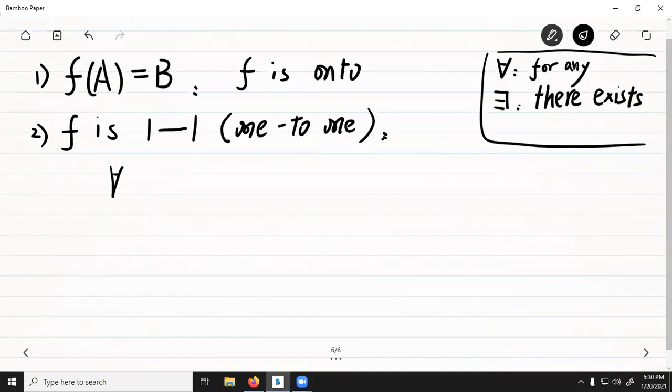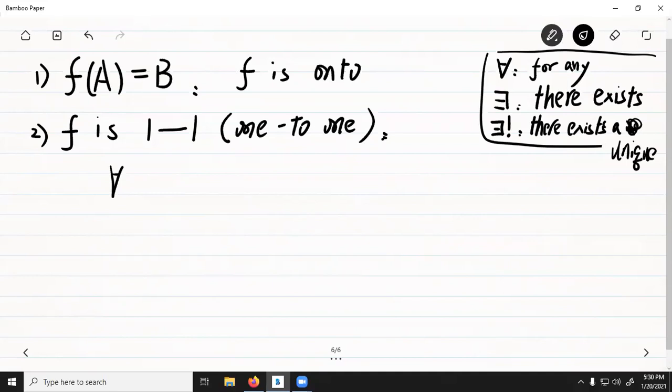And this symbol means there exists a unique one.